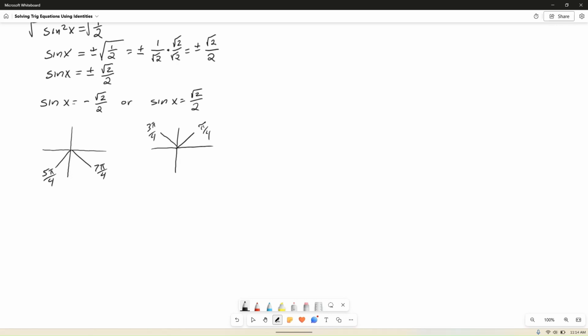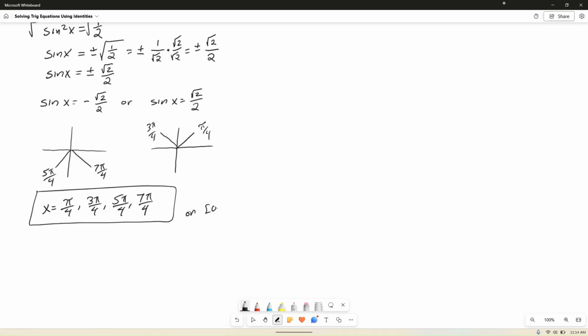Okay, so all four of those angles are going to make sine either equal a positive or a negative root 2 over 2. And so all four of those are going to be our solution in this case. So x is going to equal pi over 4, 3 pi over 4, 5 pi over 4, or 7 pi over 4. And that is my solution, again, on the 0 to 2 pi interval.